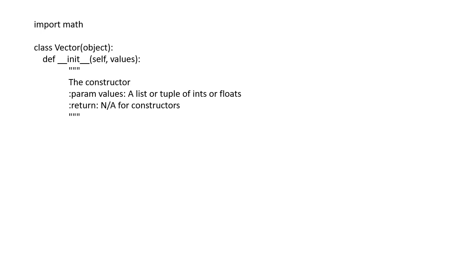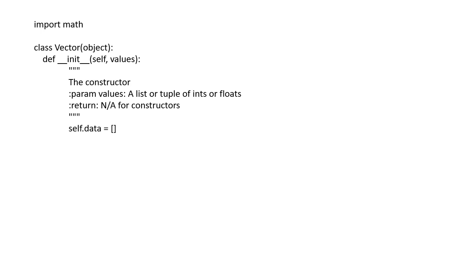And so this list of values will be a list or tuple of ints or floats, and we're going to then convert everything to floats, again for some of the reasons in the future, but we'll just do that at this point in the constructor.